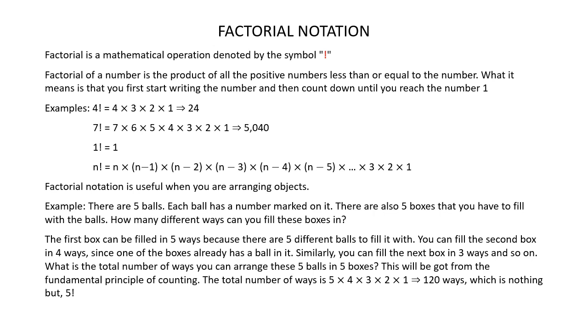Now 5 multiplied by 4 multiplied by 3 multiplied by 2 multiplied by 1 is nothing but 5 factorial. As you can see here, you have started from 5 and then you have counted down until you reach the number 1. So the product of all these numbers is nothing but 5 factorial.